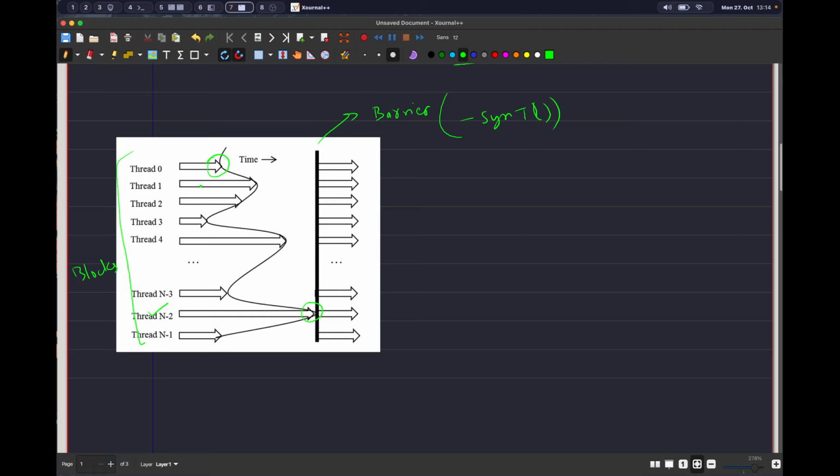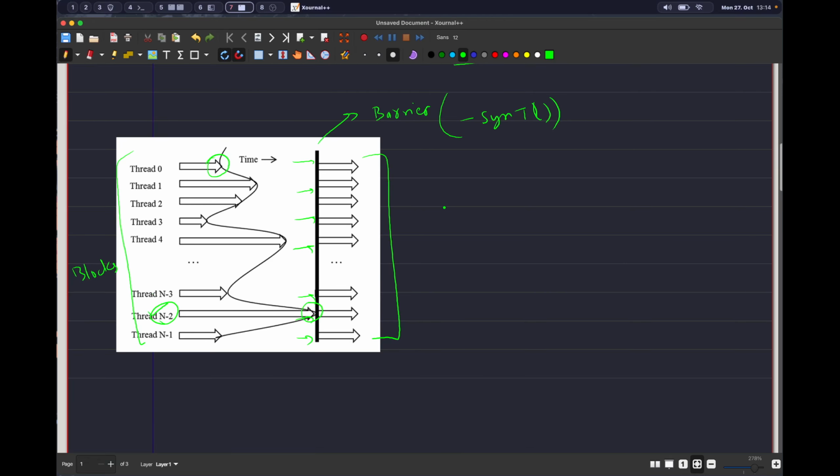This is just how parallelism works. Introducing a barrier says: thread n minus 2, before moving forward, please wait for all the other threads to complete their operations. Only after all of the threads have reached here can we move forward with the operations scheduled after the barrier synchronization.